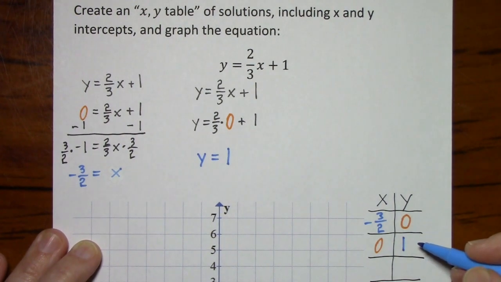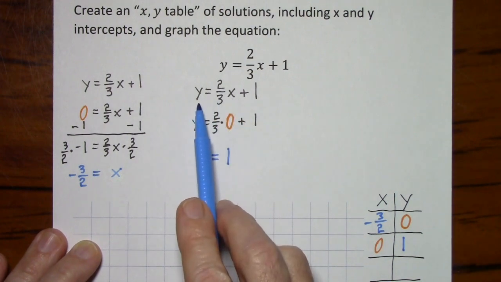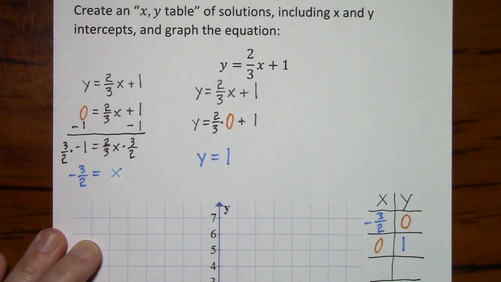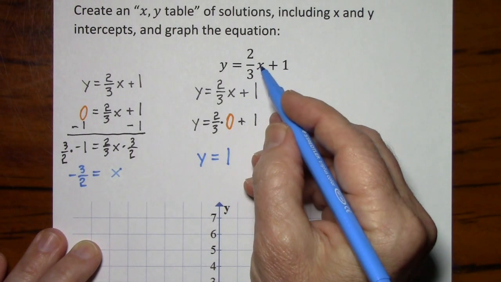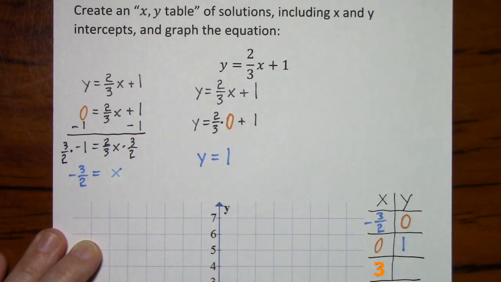We have two ordered pairs. I'll pick a third value. Notice if we pick an x value, the equation's already solved for y, so it's easy to find out what y is. So let's say x is a 3. I chose x as 3 because I know it'll cancel with this denominator very easily.